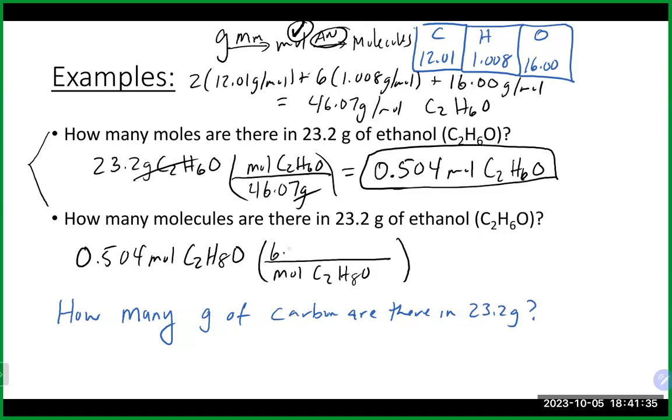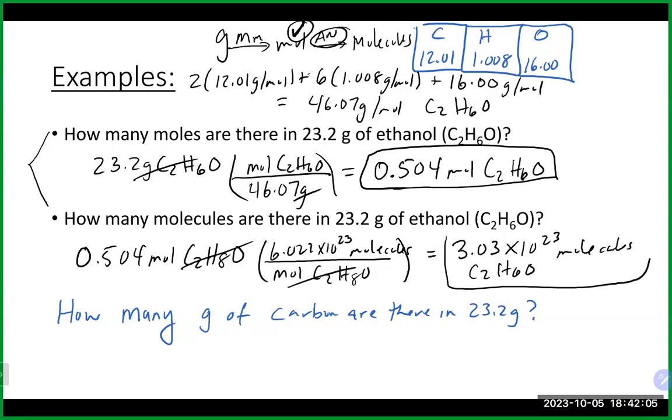Up on top would go Avogadro's number, here in molecules, as we're dealing with a molecule in this case. The moles will cancel. And again, I'm using the whole number, not the rounded number, 6.022 times 10 to the 23, and that gives us roughly 3.03 times 10 to the 23 molecules of C2H6O. Any question on either of those calculations?